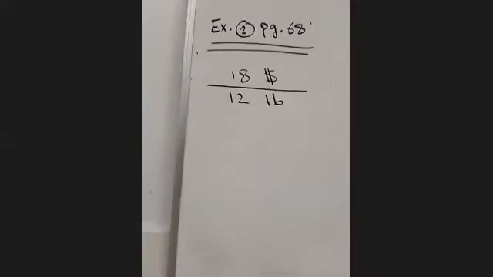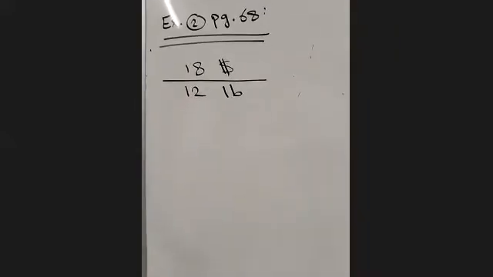A bulk food store sells a 12-pound bag of red delicious apples for $18. 12 pounds for what? For $18 for apples. So 12 pounds for $18, right? Continue.